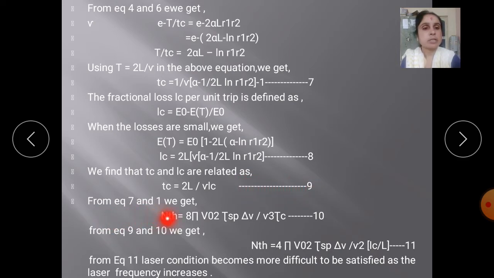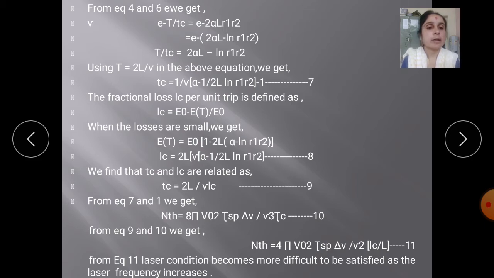From equation 7 and the first equation, we can write the threshold condition N_th equal to 8 pi v0 squared times t spontaneous delta v upon v cubed times Tc, which is equation 10.